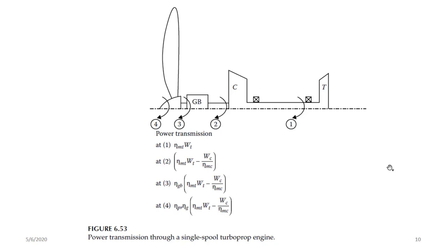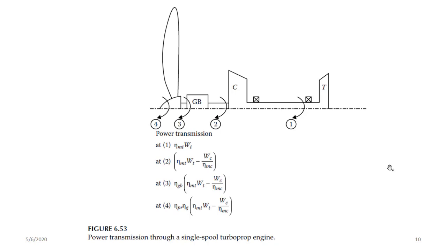Then at the compressor, when this power has been used to drive the compressor, the power that will be available to drive the gearbox will be the difference between the power that is available at 1 and the power available at 2.